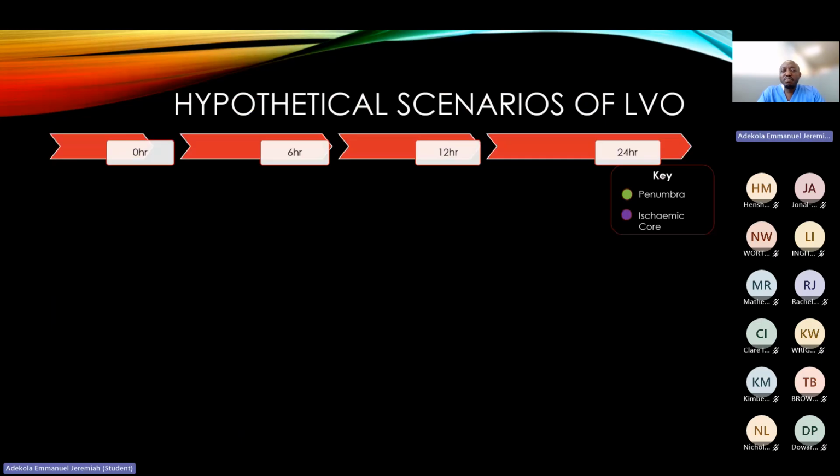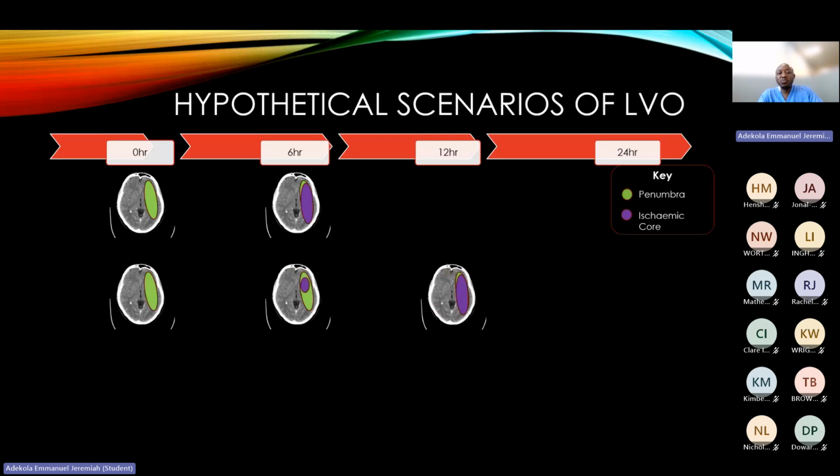Now, when we see patients with stroke coming, we all know that the damage tends to progress with time. However, some progress faster than others. On this image, on the left MCA part of the CT, this is a non-contrast CT.